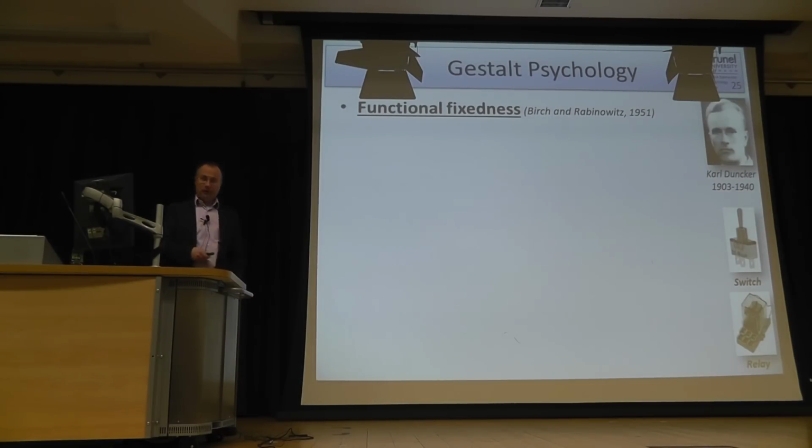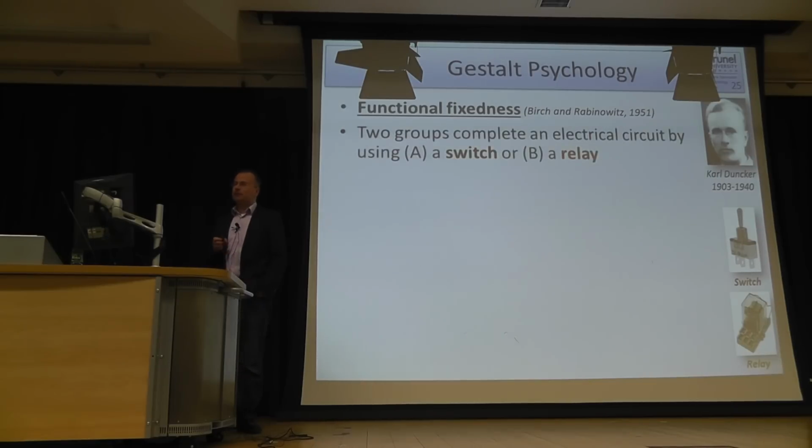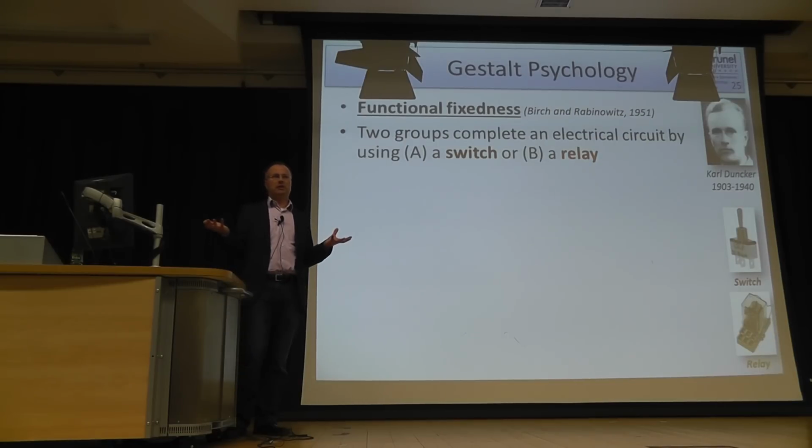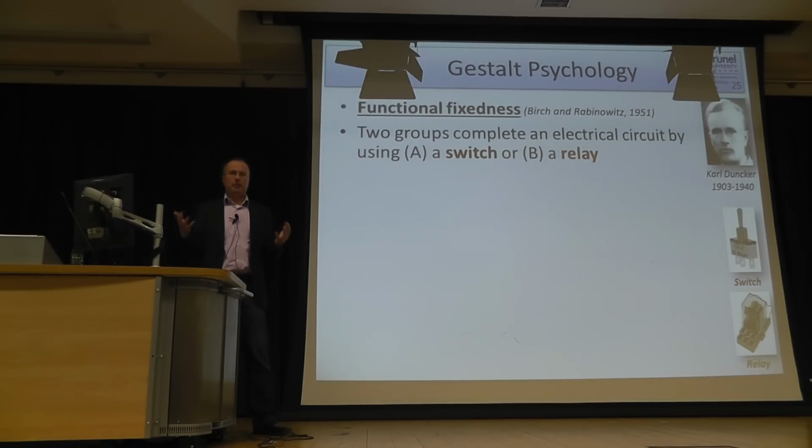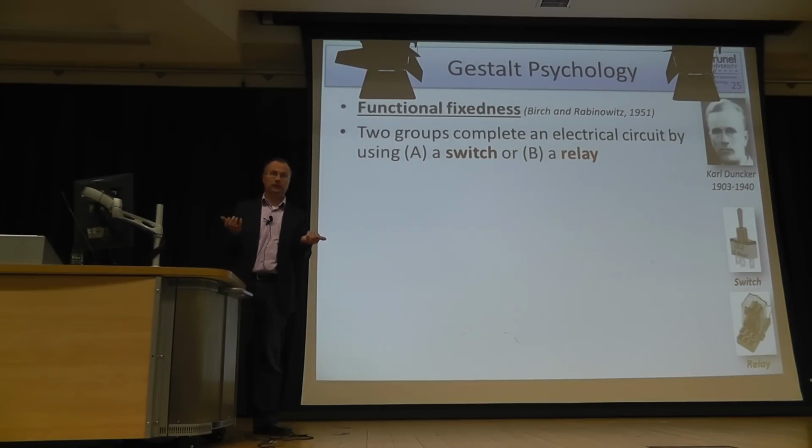A more elaborate study to show functional fixedness was done by Birch and Rabinowitz. And they did the following. They had two independent groups, and they had to create or complete an electric circuit by using either a switch or a relay. So two different electronic devices.